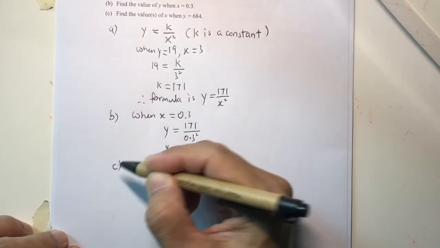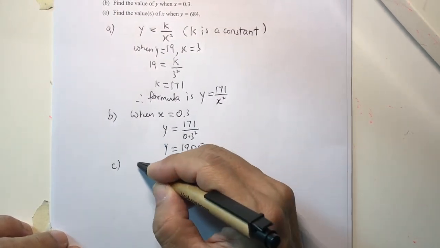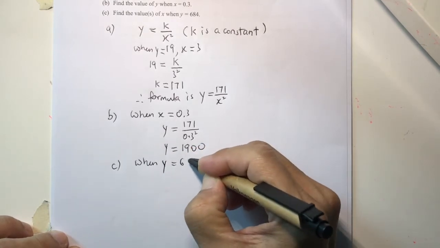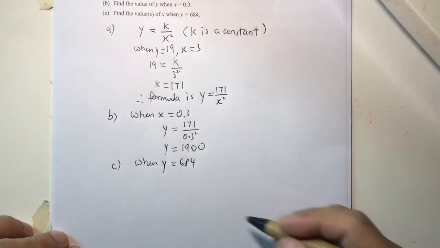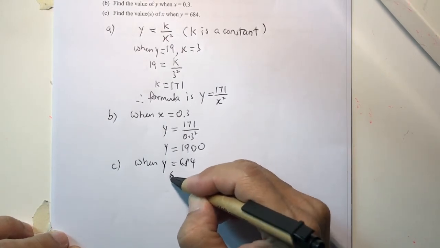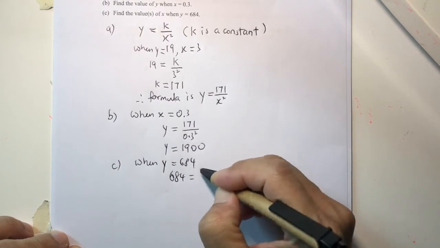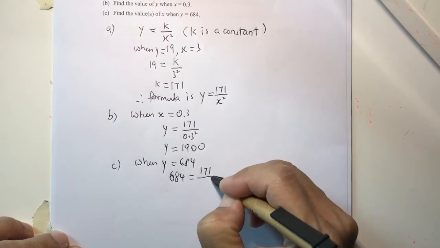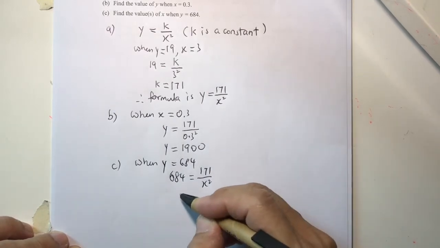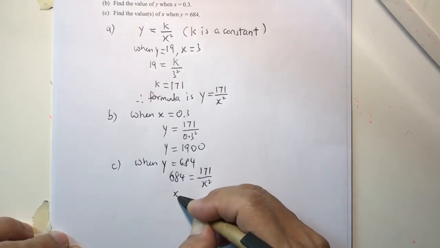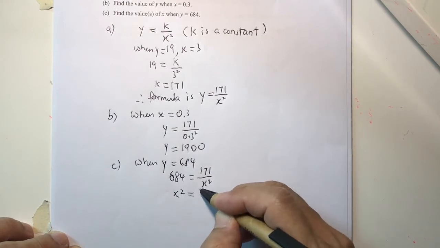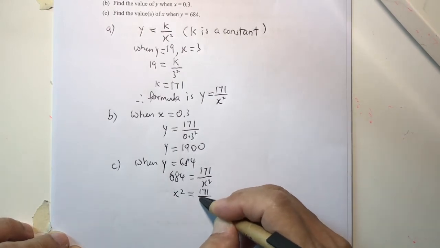We have another part, C, where y is given as 684. So now we substitute into the formula. 684 equals 171 over x squared, and that gives us x squared is 171 over 684.